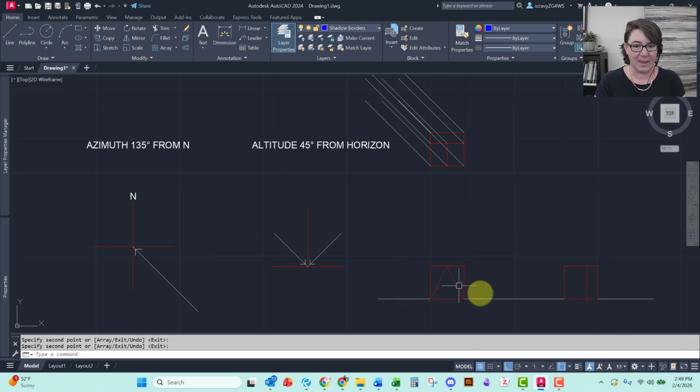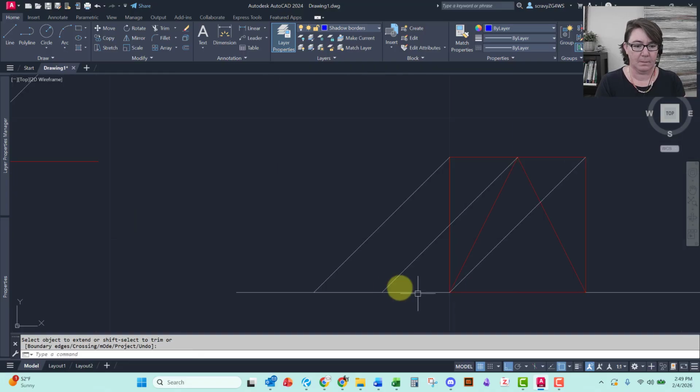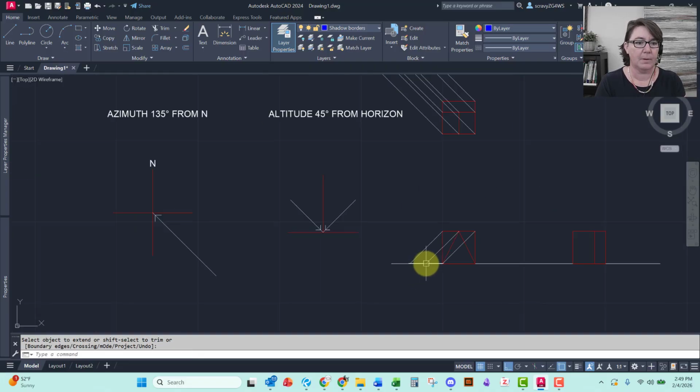So let's work with the elevation. Since the shadows are going in that direction, we need this angle, not the other one, right? And so I'm going to go ahead and copy this one over to all of our important points in the vertical direction. And that's here, here, and here. Let me make sure that those extend all the way to my ground line. Looks like they do. Yeah, they do. Okay.